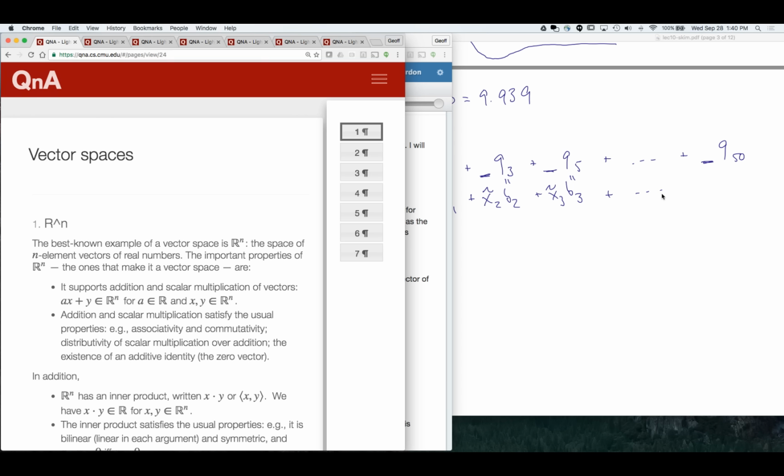And these operations satisfy the laws that you expect for Rn, which is to say that addition is commutative, that addition is associative, that scalar multiplication distributes over addition, and that there's a zero vector, which is the vector that when you add it to any other vector, it stays the same. So that's what makes it a vector space. And there are tons of other vector spaces out there in the world.